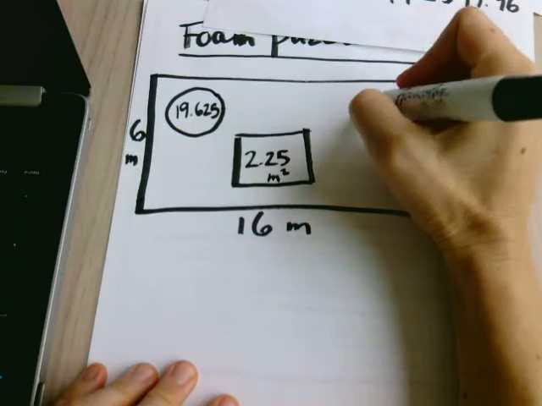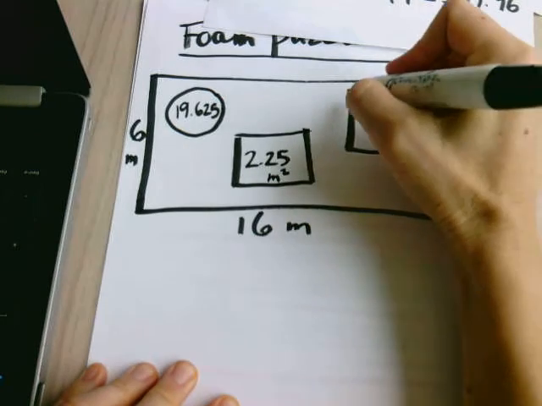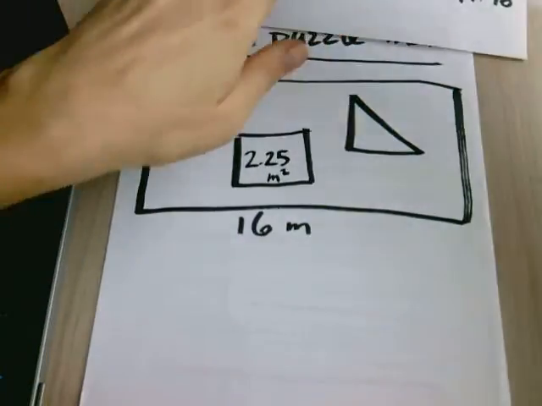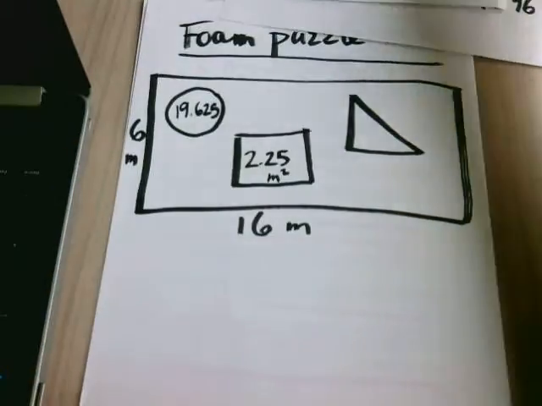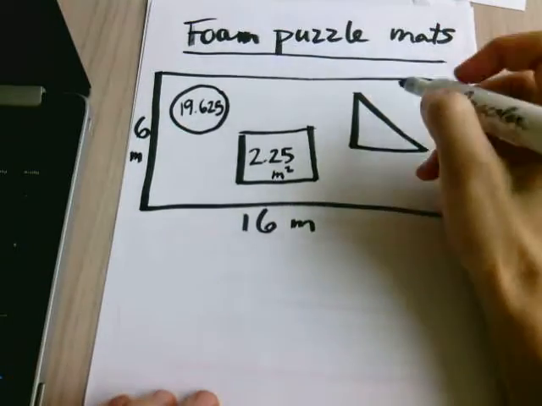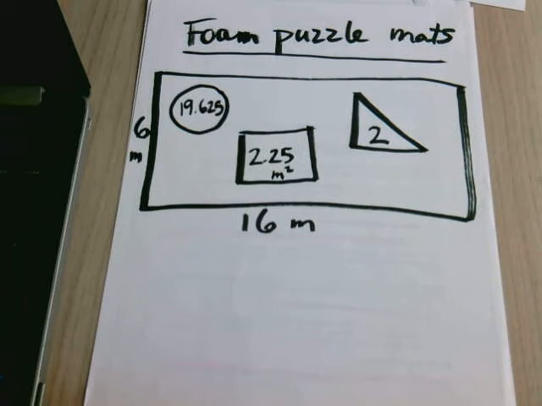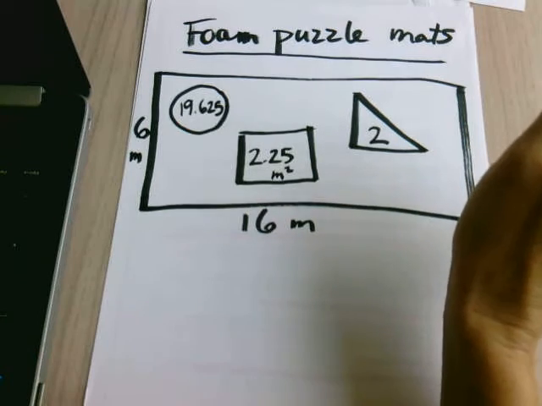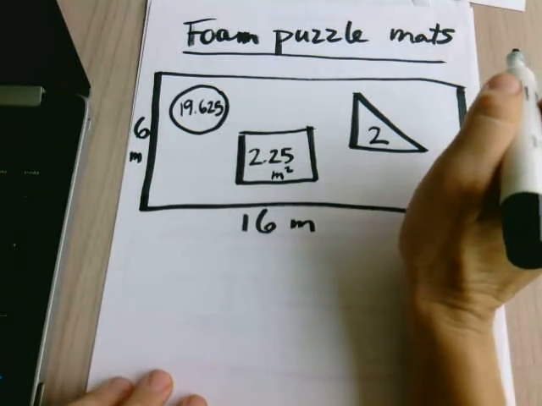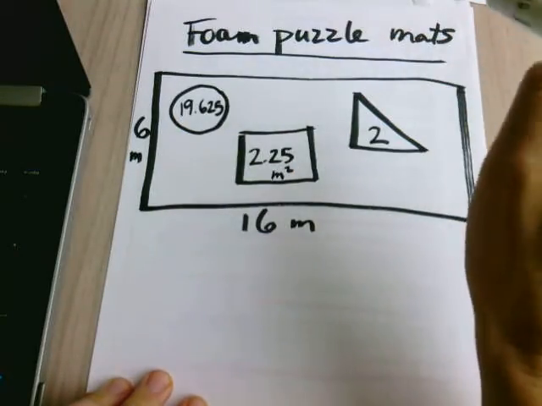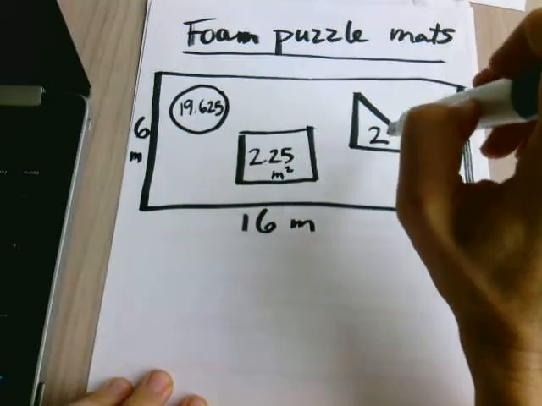And then the sprinkler area is 2 square meters. So in order to find out the area to be covered by foam puzzle mats, all we need to do is find the area of the entire rectangle minus this, minus this, minus this.